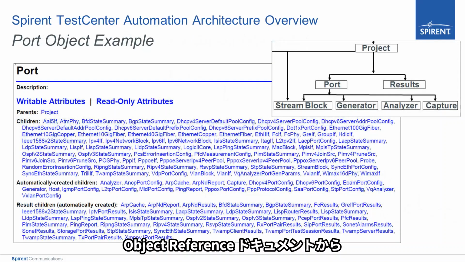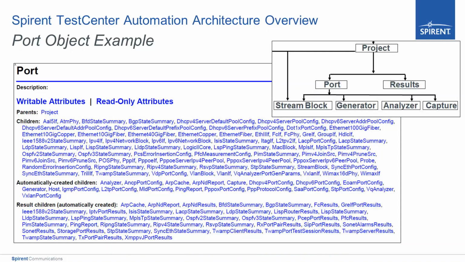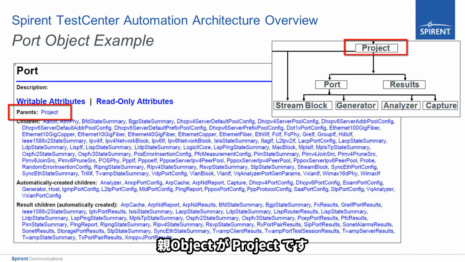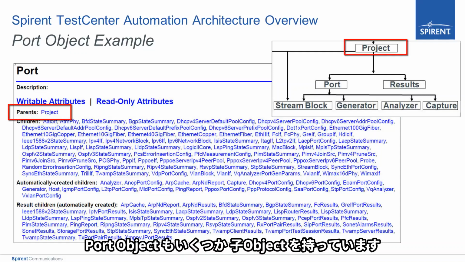This slide displays the port object documentation as viewed from the Spirent TestCenter Automation Object Reference document. We were looking at the port object. You will see it defines the parent, which in this case is the project. It defines children, and you'll see one we've highlighted as a stream block.